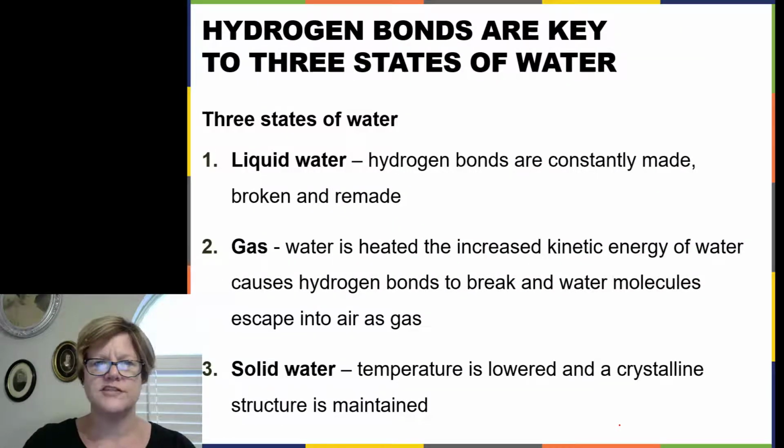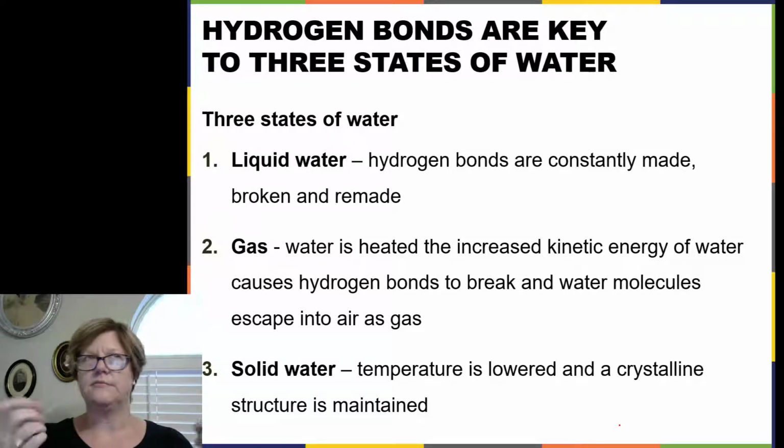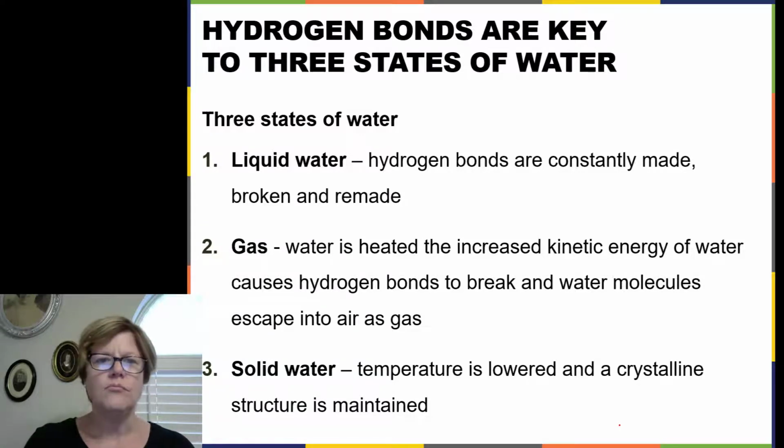You probably know there's 3 states of water: liquid, gas, and solid. When you study this kind of science, you know that when something is in the gas form, it has more energy, more of what we call entropy, more random, more space between the molecules.